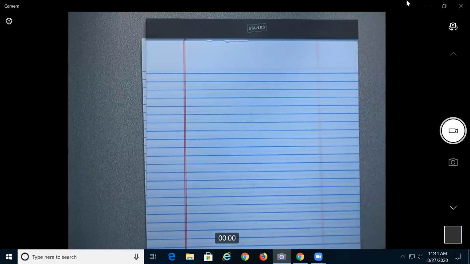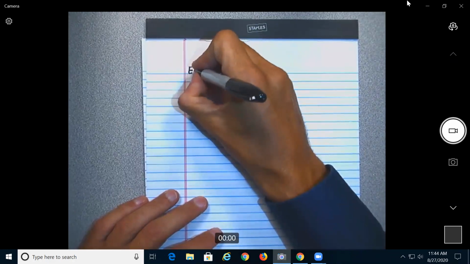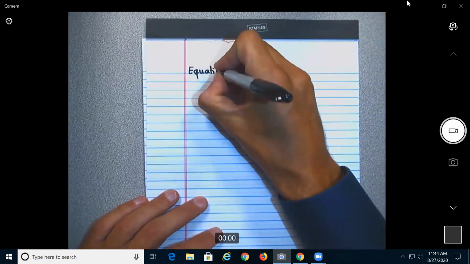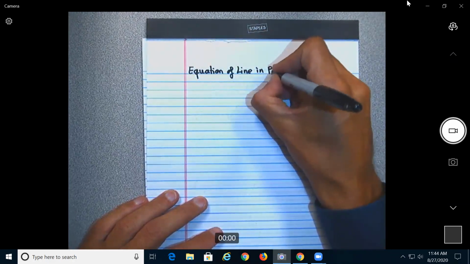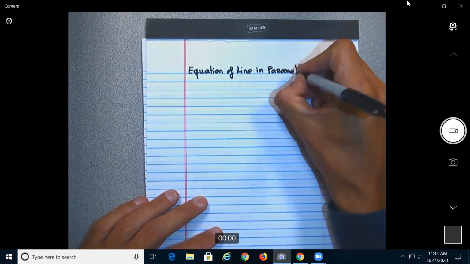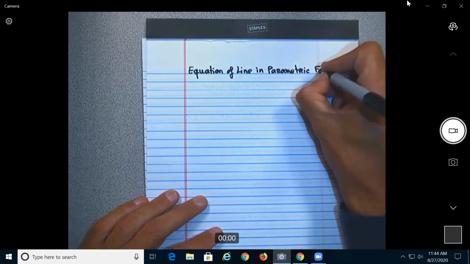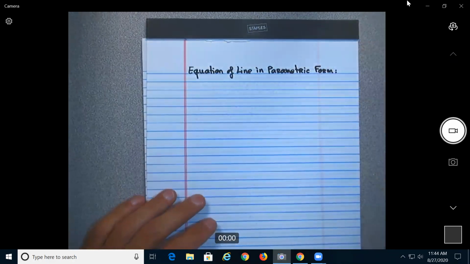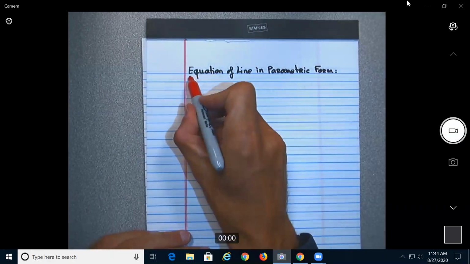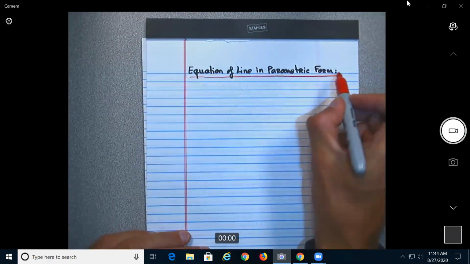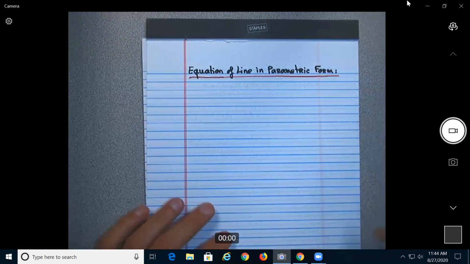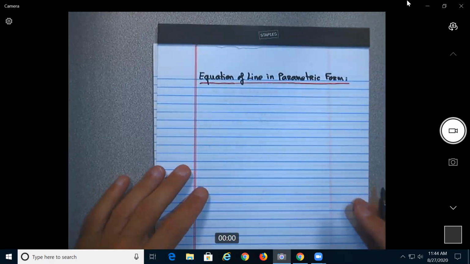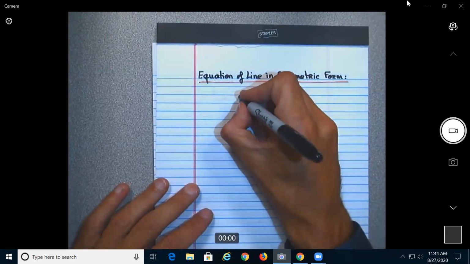Okay, so the next thing I'm going to define, maybe I should have done it before the previous example, is the equation of a line in parametric form. Basically it's the same thing that we just did.